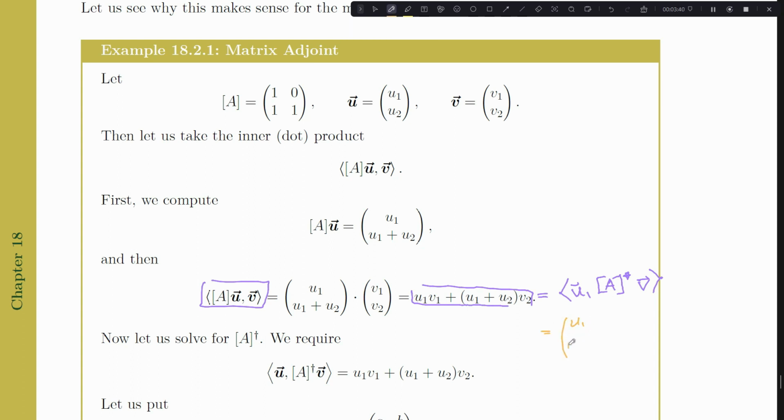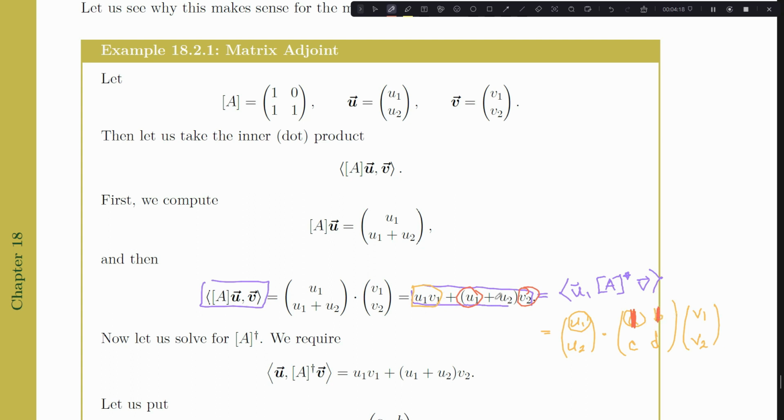So let's think about computing this really quick. If I have (u1, u2) dot some matrix [[a, b], [c, d]] times (v1, v2), then what I need out of this matrix is a u1 times v1, so I'll need a to be equal to 1. I'll need a u1 v2, which means b needs to be equal to 1.